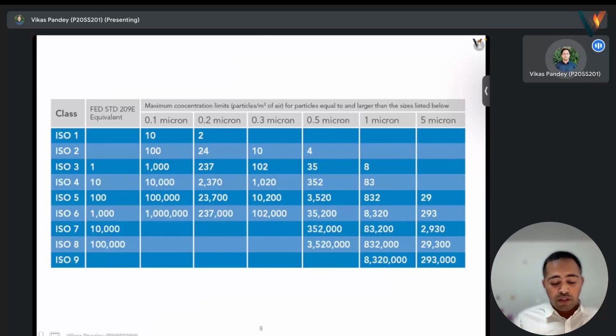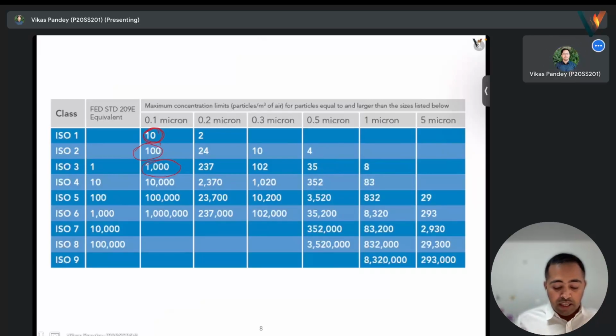Okay, so if there are 10 particles of 0.1 micron size in a room in 1 cubic meter, and a cubic meter is much larger than a cubic feet, then it will be called ISO 1. If it is 100 particles, that is 10 raised to the power 2, that will be ISO 2. Then comes 1000 particles, that is 10 raised to the power 3, and that is ISO 3.